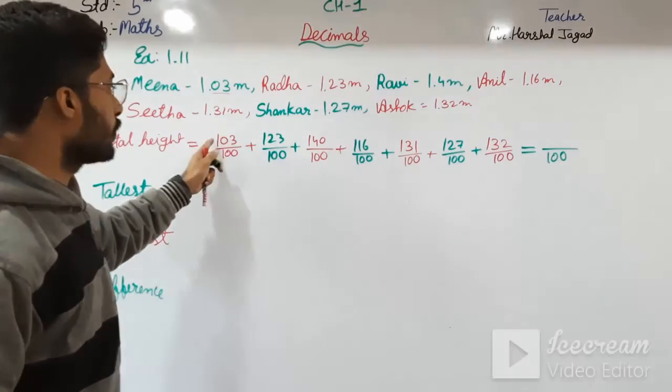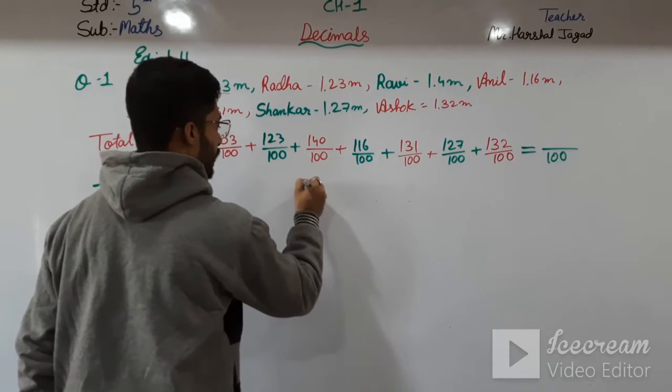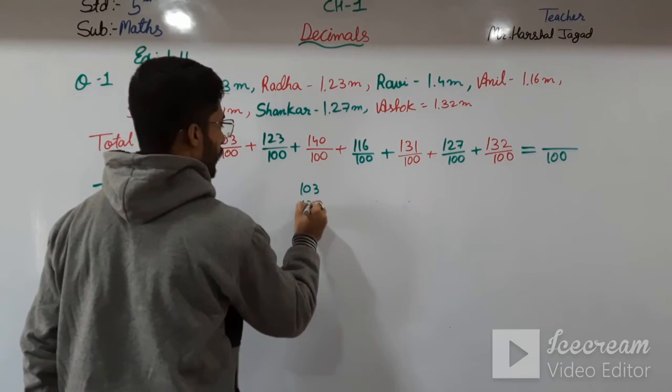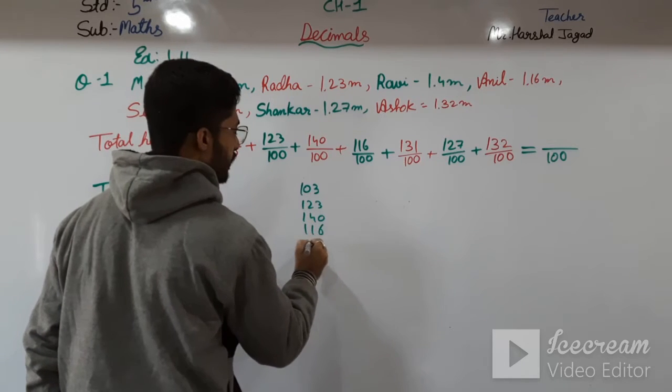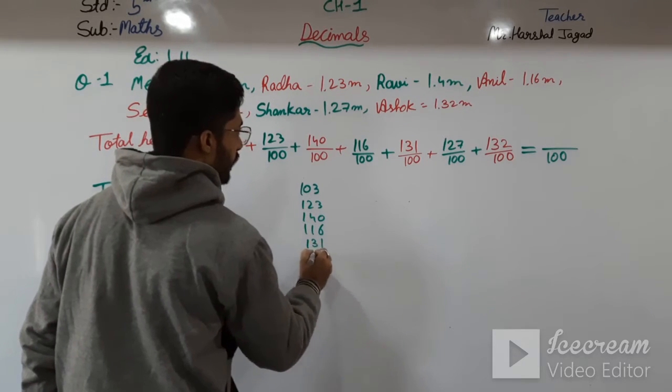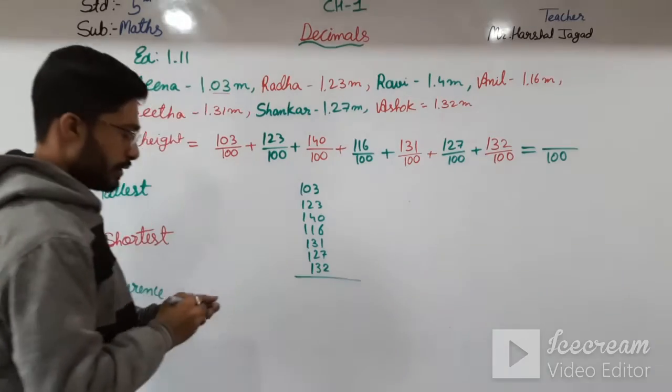So now we have to do the addition of this. So let us do that. That is 103, 123, 140, 116, 131, 127, 132. So let us do the total.